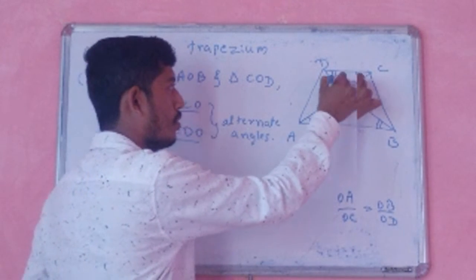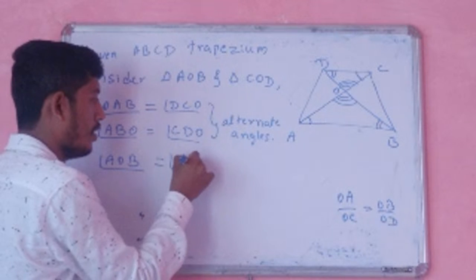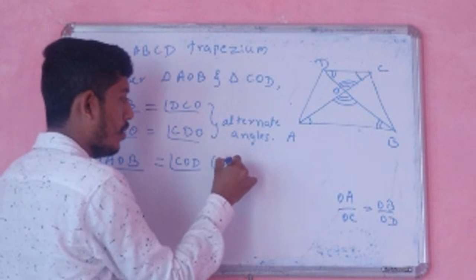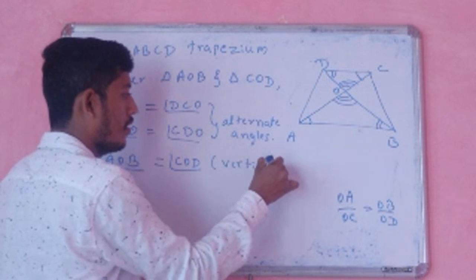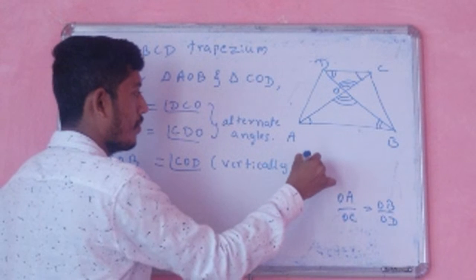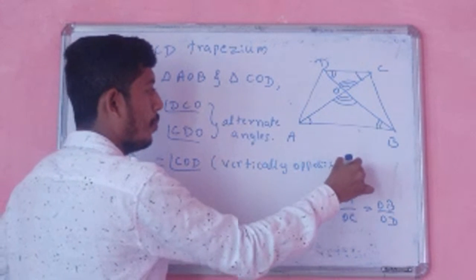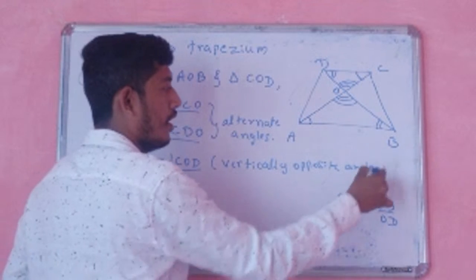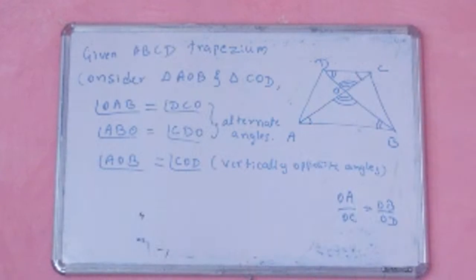So the reason is vertically opposite angles. Okay, just look at the steps.